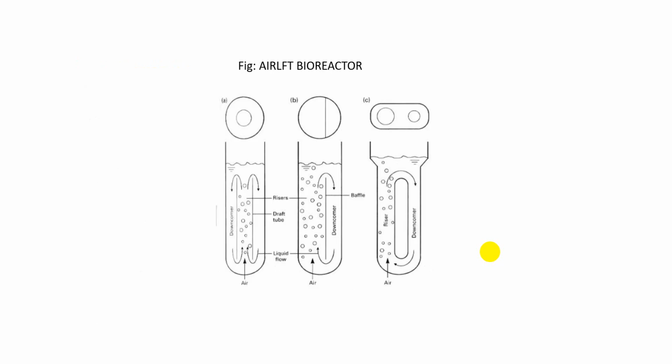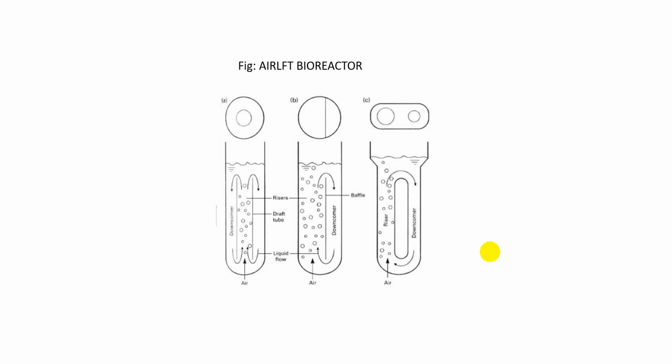Now, the airlift bioreactor. You can see the design of the airlift bioreactor, where you can see the riser and the downcomer regions, and there can be three types of designs based upon the relative position of the downcomer and the riser.